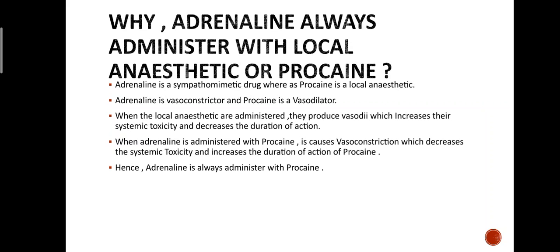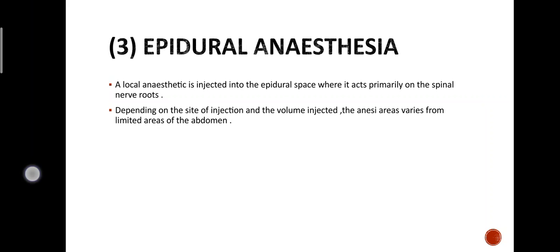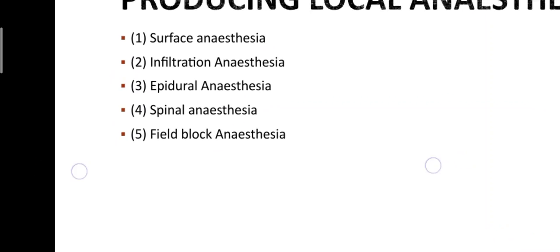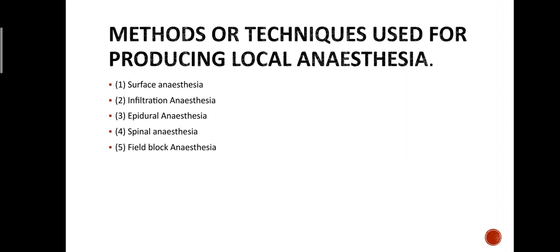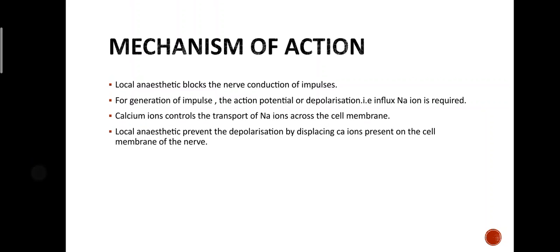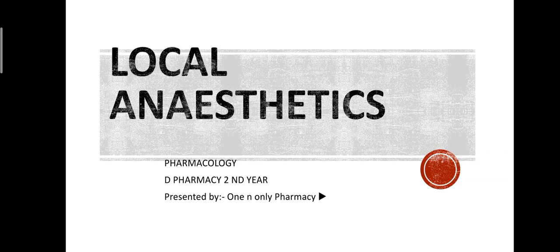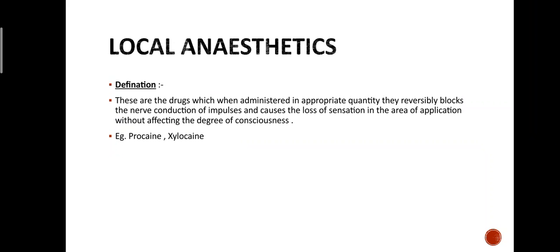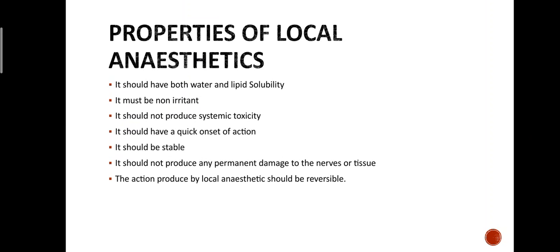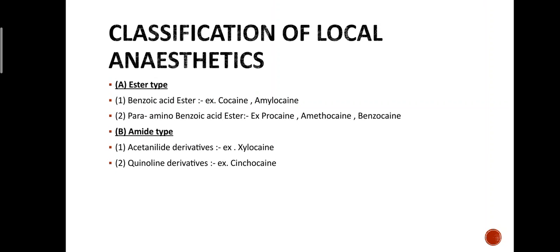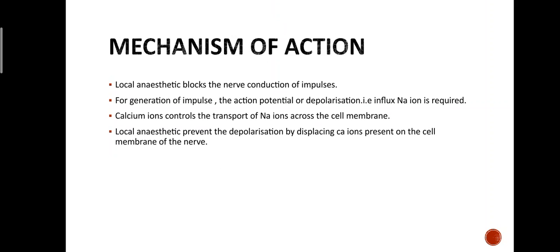Let's see a revision once again. This is a simple chapter in pharmacology, local anesthetics. Today's lecture covered local anesthetics definition and examples, properties of local anesthetics, and classification of local anesthetic drugs: two main types, ester type and amide type, each divided into two subtypes.